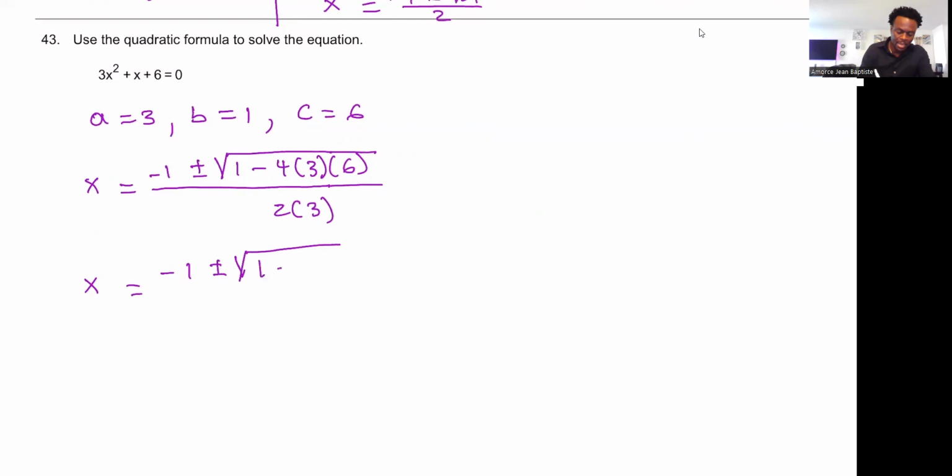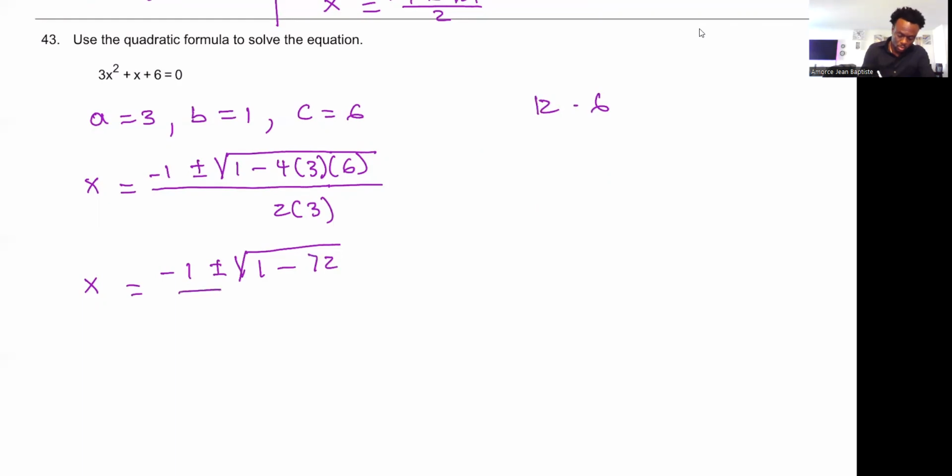1 minus 4 times 3 is 12. 12 times 6. Let me use my calculator real quick to make sure. 6 times 12 is 72. 72 minus 1 is negative 71.